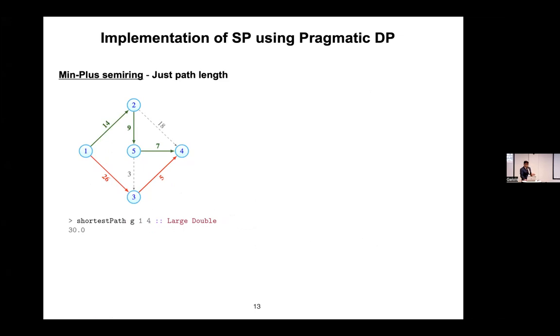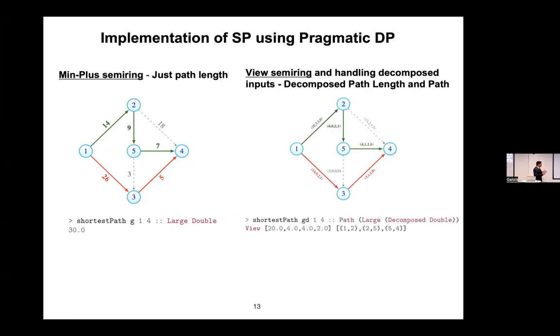Right? But in order to generate explanations, we need more than that. We need a decomposed output as well as paths. So if you look at the type annotation here, we have designed a semi-ring called view semi-ring that gives us the decomposed path, the decomposed path length, as well as the path itself.